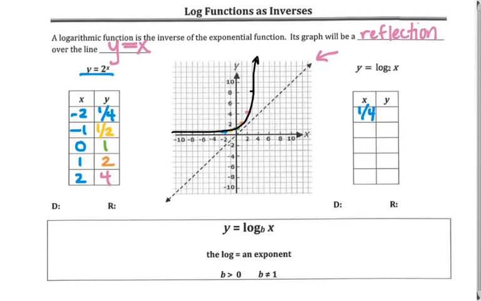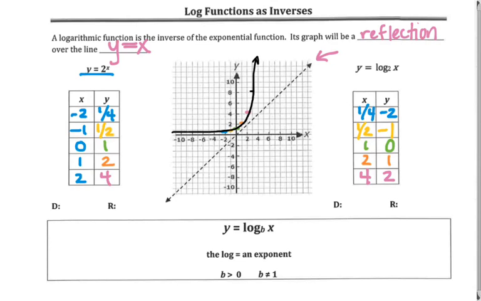So I'm going to have 1/4 paired with negative 2. I have 1/2 paired with negative 1. I have positive 1 paired with 0, and positive 2 paired with 1, and positive 4 paired with 2.